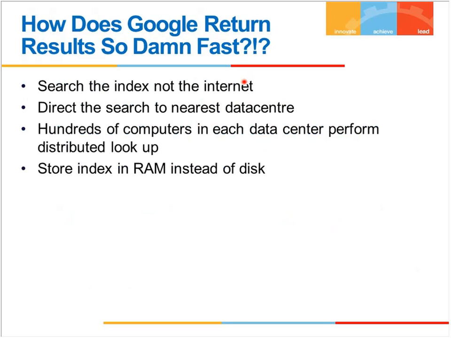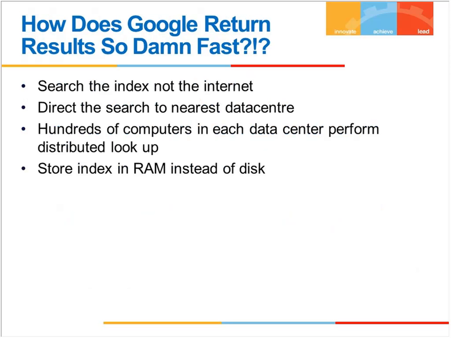And do you know how Google returns the results so fast? Within less than 1 second, in many cases, you are able to get the response. When you search for software architecture, it doesn't go and search the internet. It keeps a copy of the data of the internet and indexes it in their servers, and it searches in that index, and it also maintains this index information in different data centers across the globe.